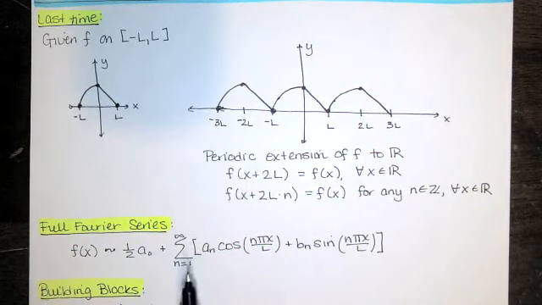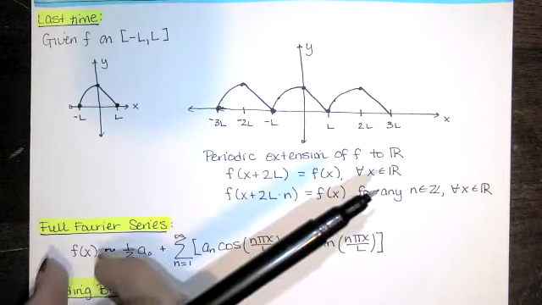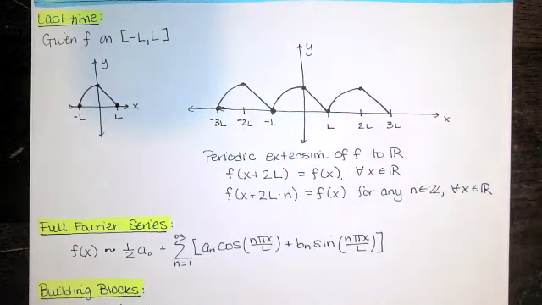This is saying, let's take a combination of cosine and sine functions with different frequencies, and think about what combination is necessary so that when I add all these cosine functions to all of these sine functions and add that to a constant, under some conditions, I actually get that function f that I started with back, or something very similar to f, or to that periodic extension of f to the real line.